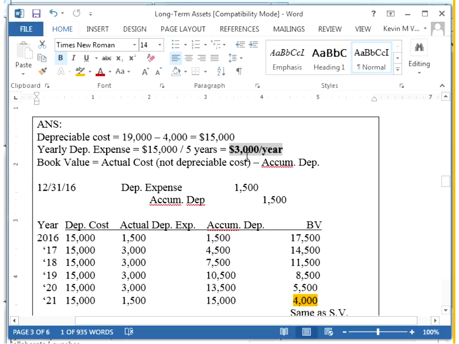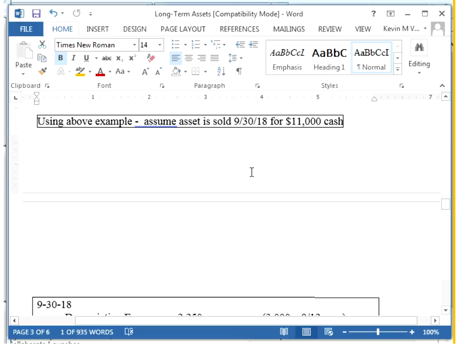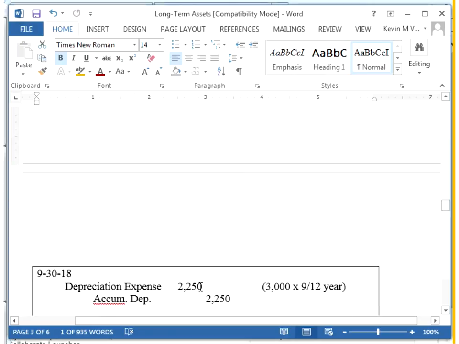Well, just like with the interest, if you add up the number of months out of a total year of 12 months, that's going to tell us how to do it. So if we take 3,000 times 9 months out of 12, which is 75%, that's where I get this $2,250 that I need to add into my depreciation expense for 2018, and also add into my accumulated depreciation. So 3,000 times 9/12 of a year.